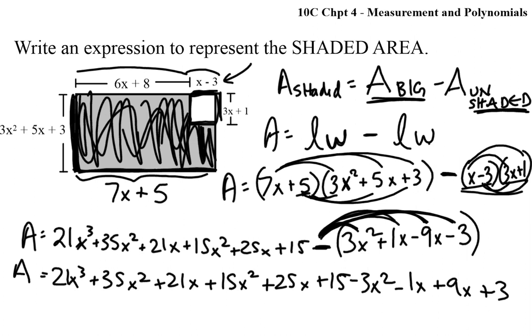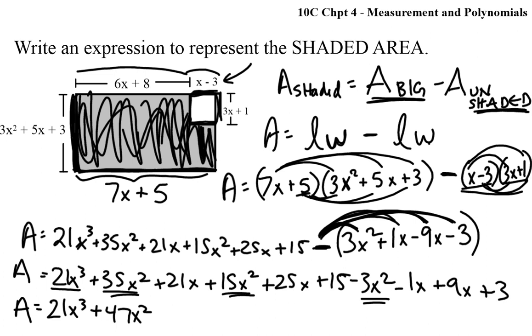Holy cow, we've got a whole bunch of terms there that need to be combined for the final area. Final area here is going to be 21x cubed. It's the only x cubed term. 35x squared, 15x squared, negative 3x squared. Well, 35 and 15 is 50. 50 minus 3 is 47x squared.